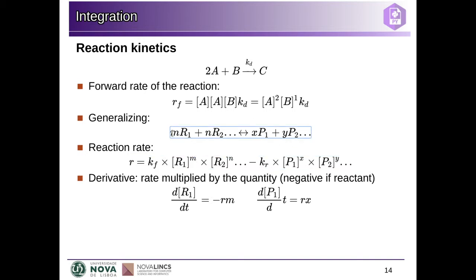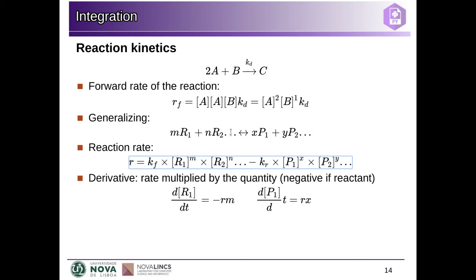So if we have a generic reaction with some reactants and some products, we have the forward rate, which will be given by the forward kinetic constant multiplied by each concentration raised to the amount of that species participating in a reaction.